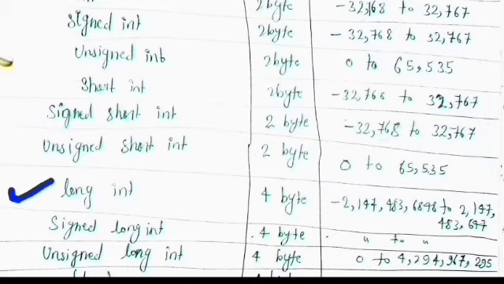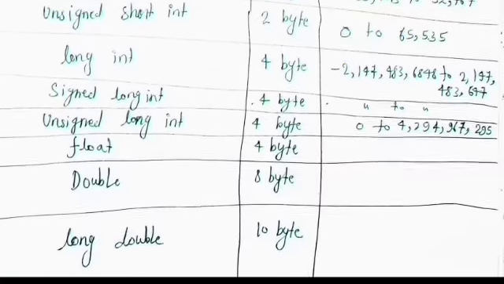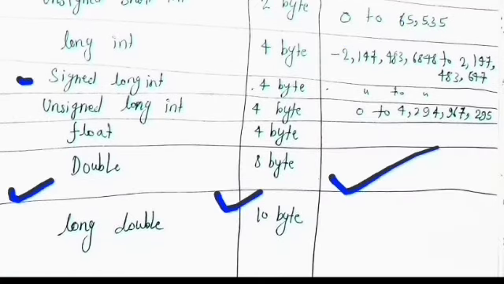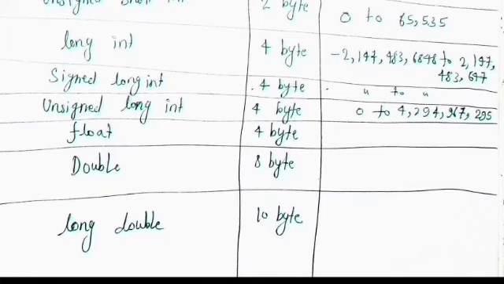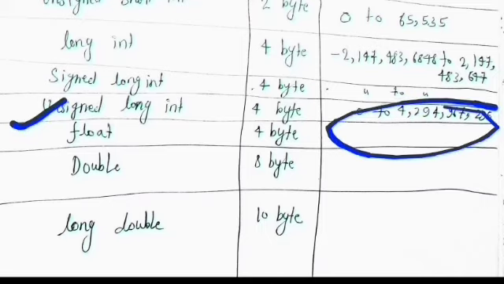Long integer type is allocated 4 bytes of memory, and the range is very broad as compared to integer, character and short. It is also defined in two types, signed and unsigned. In signed we can use both positive and negative integer ranges, but in unsigned we can use only the positive integer range.